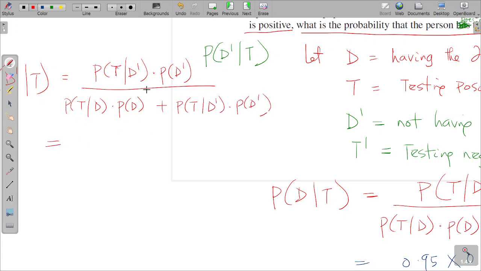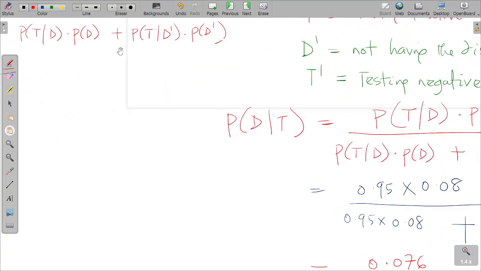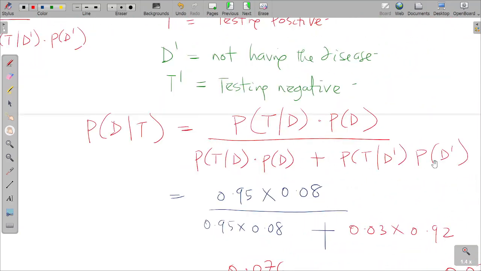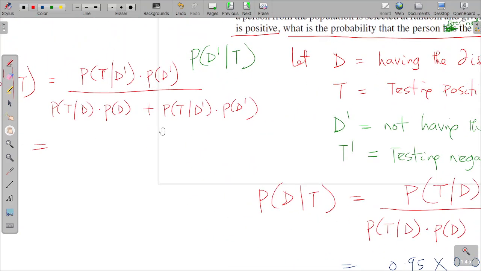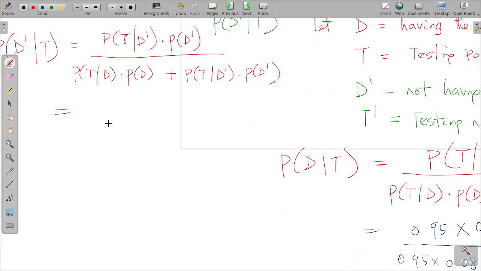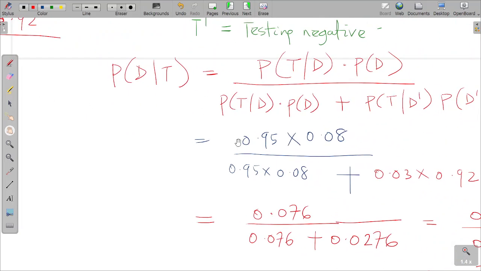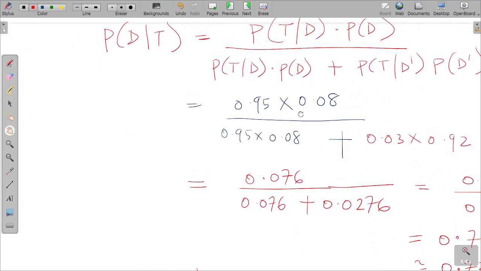We have all this already, so the numerator is 0.03 multiplied by 0.92, all over exactly what is there.